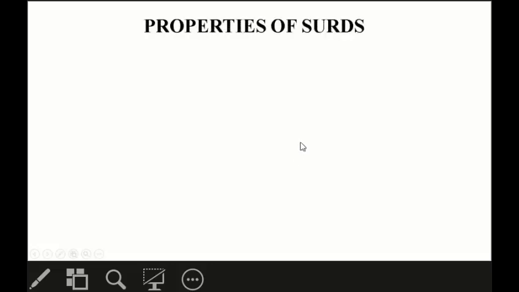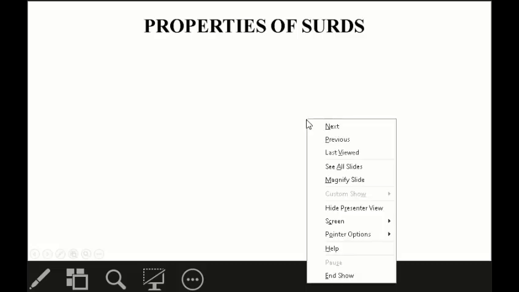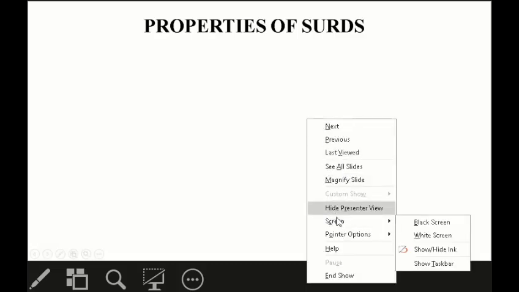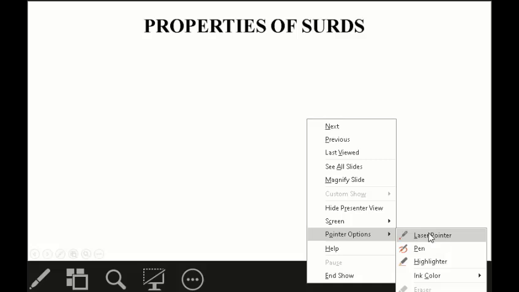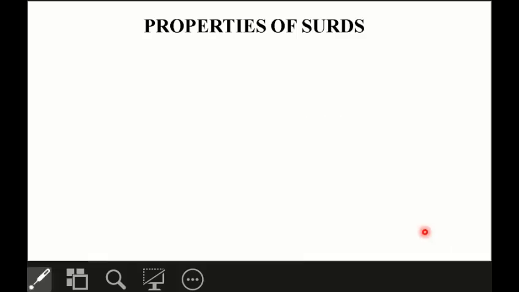So let's move on to the properties of sets. Our first property: when you have the root of A times the root of A, the result will give you the root of A all squared.